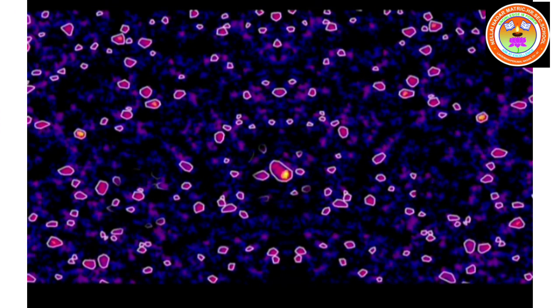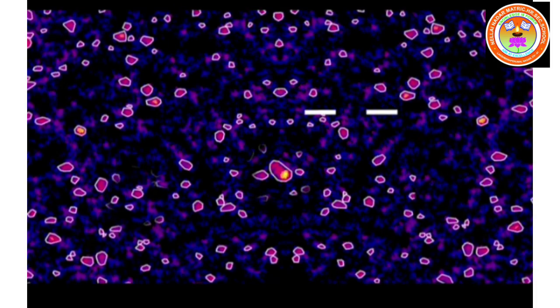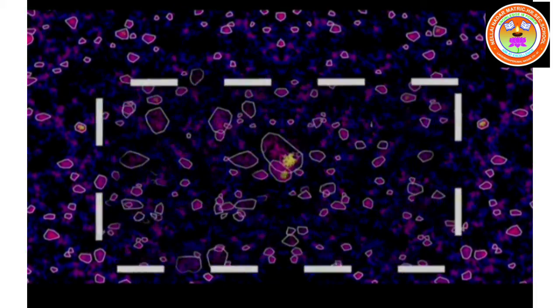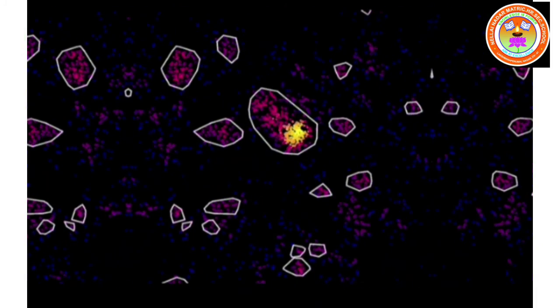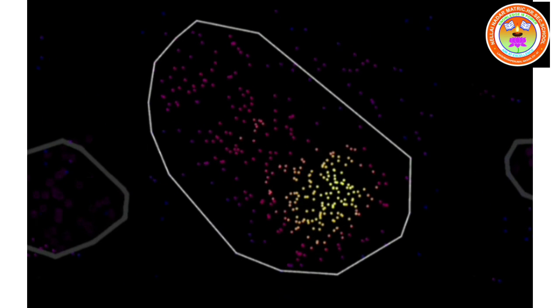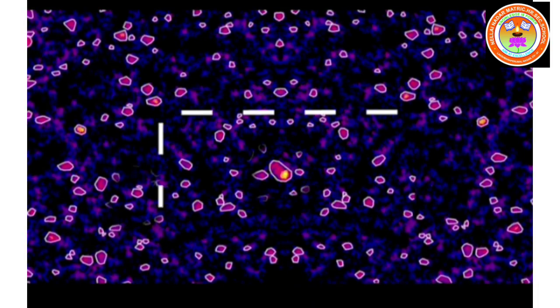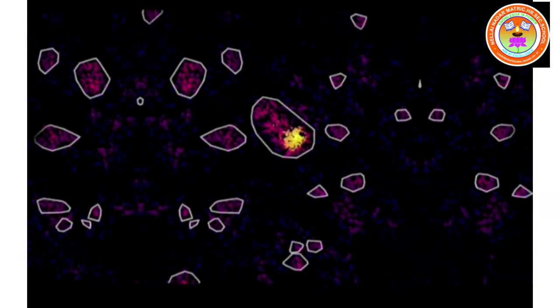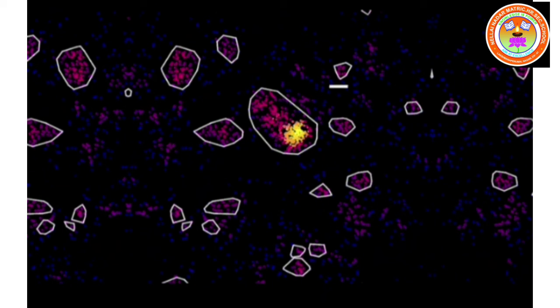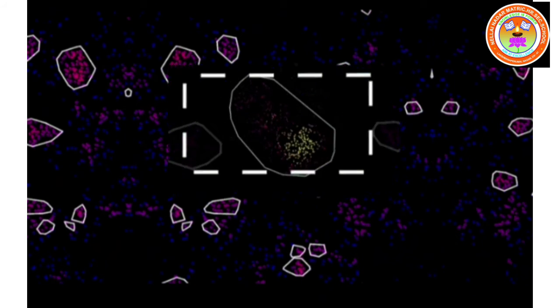So what is the benefit? A compound microscope has 50 to 200 times more magnification power than a simple microscope.